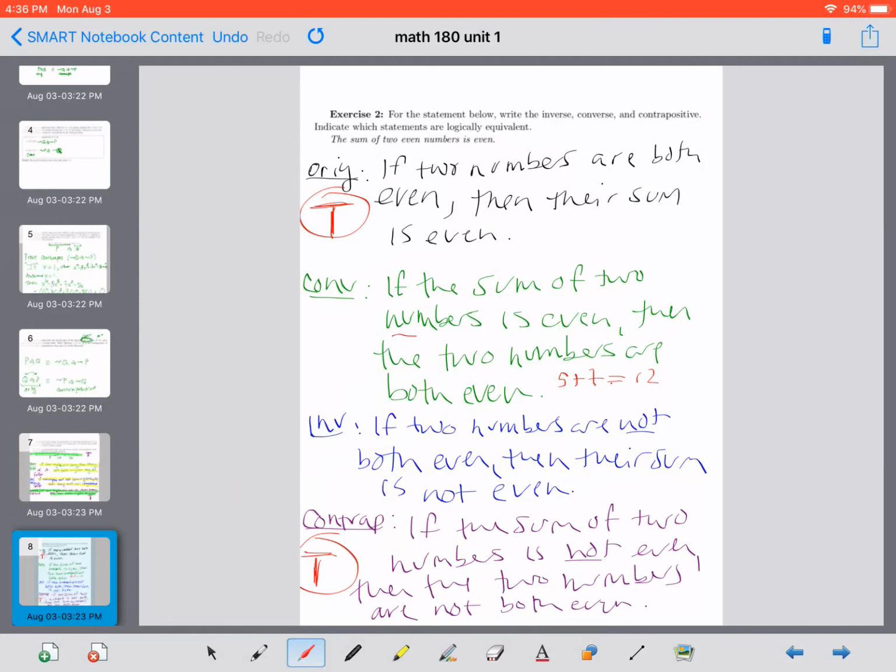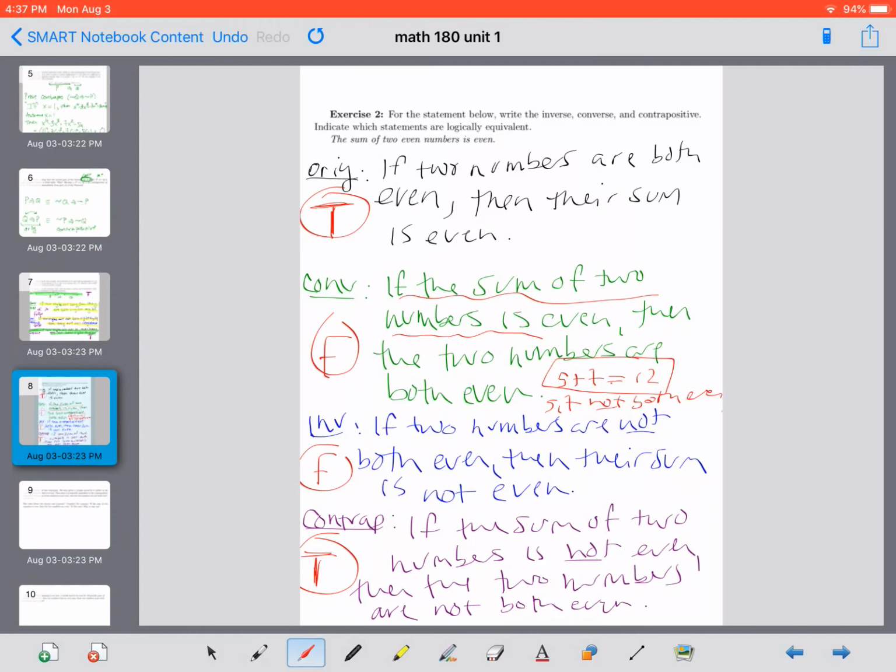So that satisfies the hypothesis. But 5 and 7 are both odd, so they're not both even. So it does not satisfy the conclusion. So this is a true hypothesis and a false conclusion, which means this entire statement is false using these two examples. So the inverse and the converse are both going to be false.